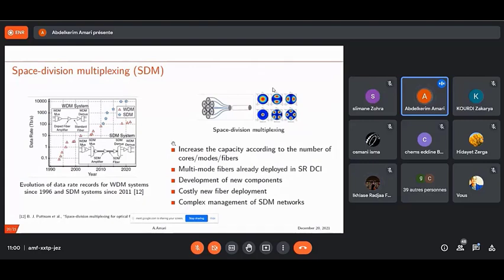And this increases significantly the capacity according to the number of cores. For example, here we have 7 cores. We can increase the capacity by 7 in this case.